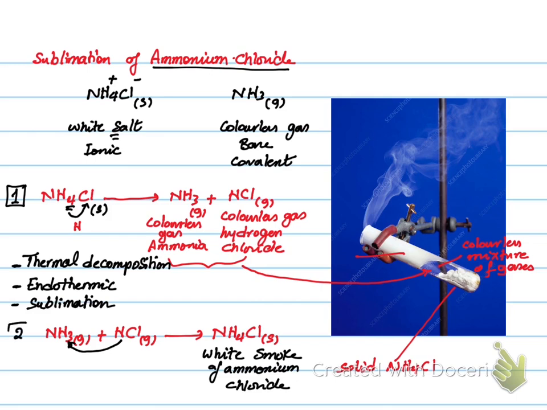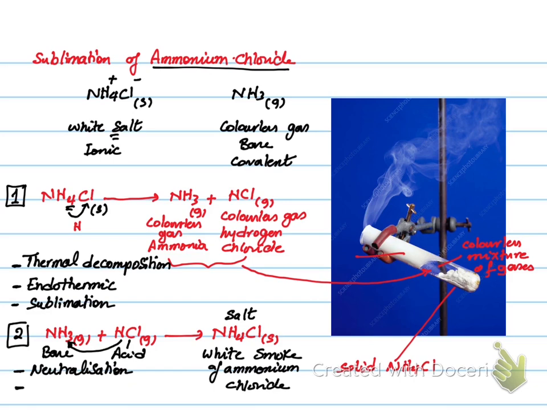For the reverse reaction, which is represented by equation number 2, first, ammonia is a base, hydrogen chloride is an acid, ammonium chloride is a salt, so we can classify this reaction as a neutralization reaction because acid reacted with base to form a salt.